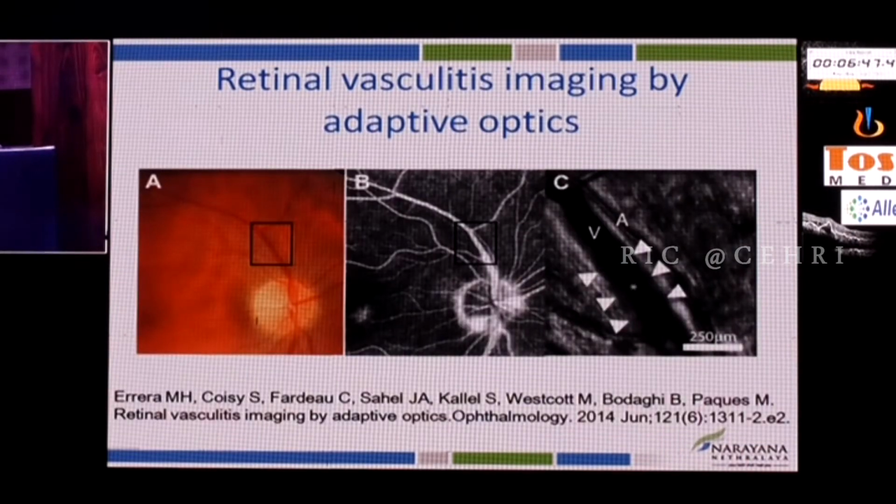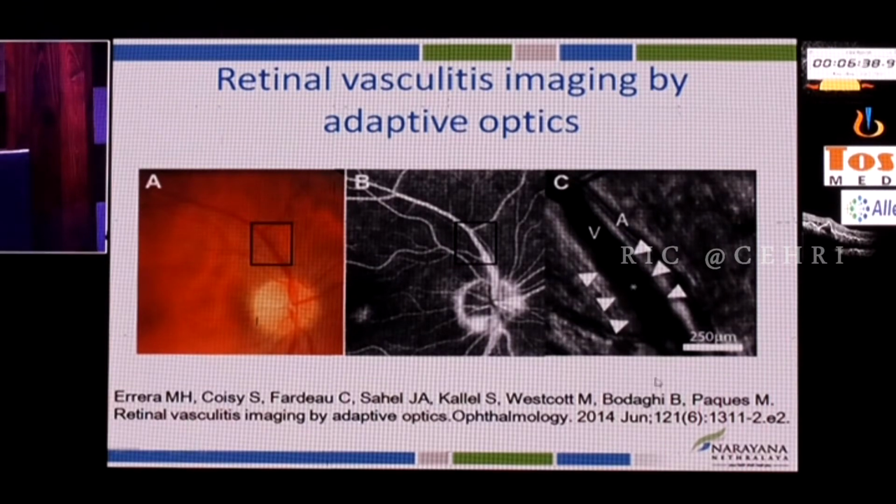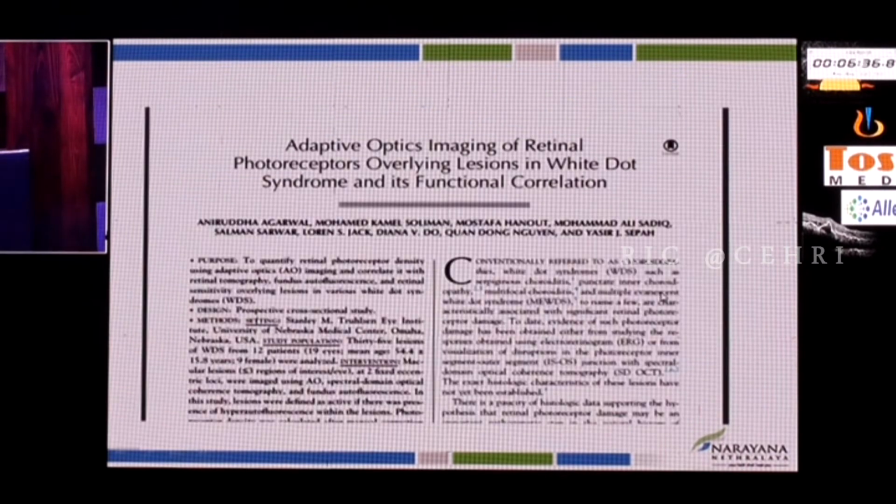Herrera et al. have reported the vascular sheathing pattern in presumed ocular tuberculosis and Lyme disease using adaptive optics, where we could see the sheathing of the vessels in the retina. Agarwal et al. subsequently reported the adaptive optics imaging of the retinal photoreceptors overlying the white dot syndromes, and they have correlated the function with microperimetry.